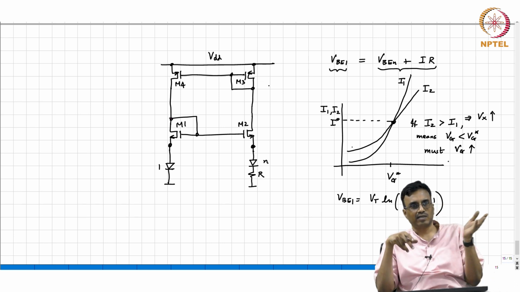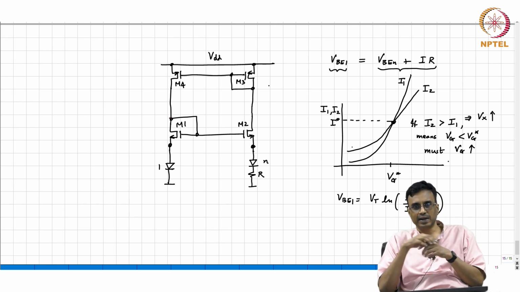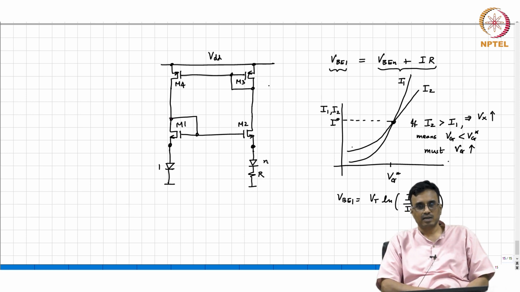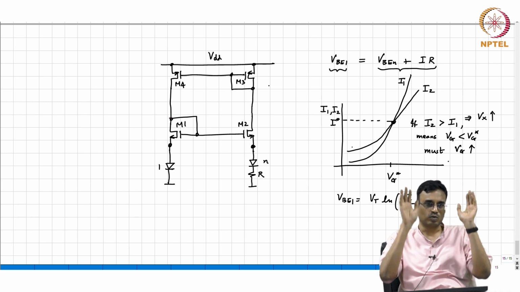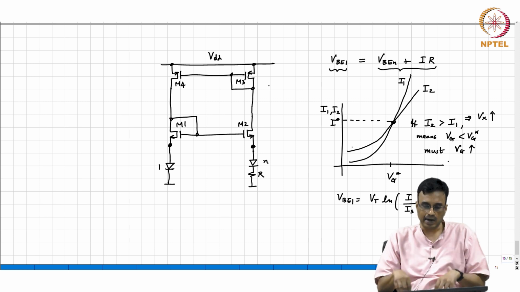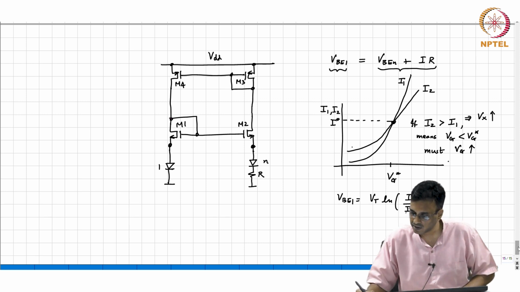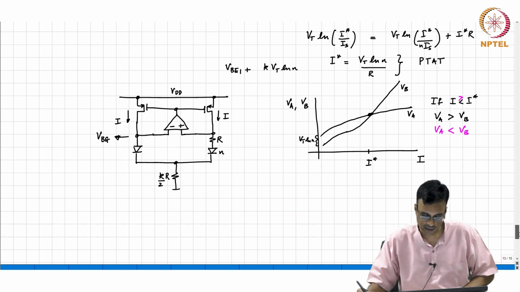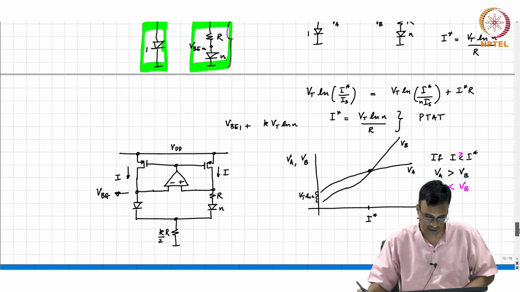So it's a simple matter to detect if no current is flowing and go and kick any one of those nodes and push it out of that unstable operating point. These are all called startup circuits. I am not going to cover it in this course. You will see it in analog IC design when you do it next semester.